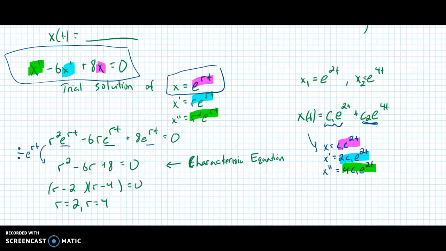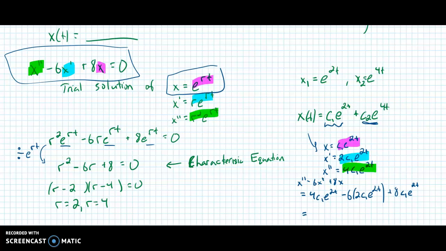So what I've got is x double prime minus 6x prime plus 8x. Well, that is equal to 4c1 e to the 2t. That's my green. Minus 6, that's part of the equation, times blue, 2c1 e to the 2t, plus 8 purple, c1 e to the 2t.